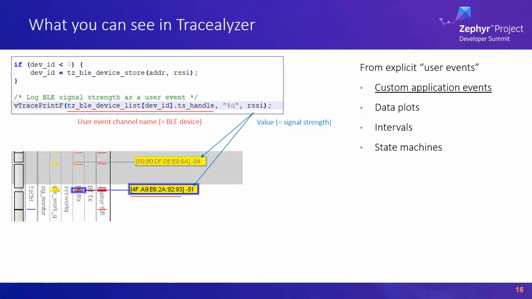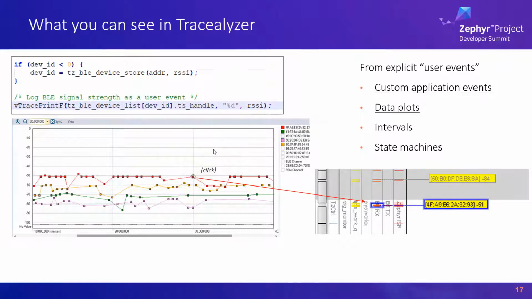So here we are logging in a Bluetooth system. We are logging the signal strength of the nearby BLE devices, and we're using the BLE device ID as the channel name, and we're logging the signal strength as a signed integer, and it appears like this in the trace.